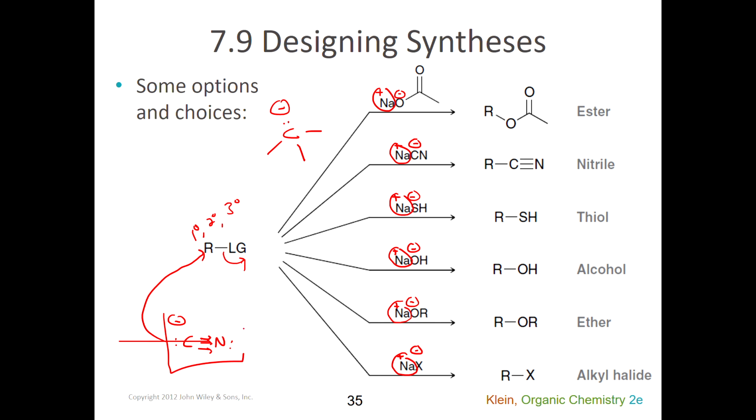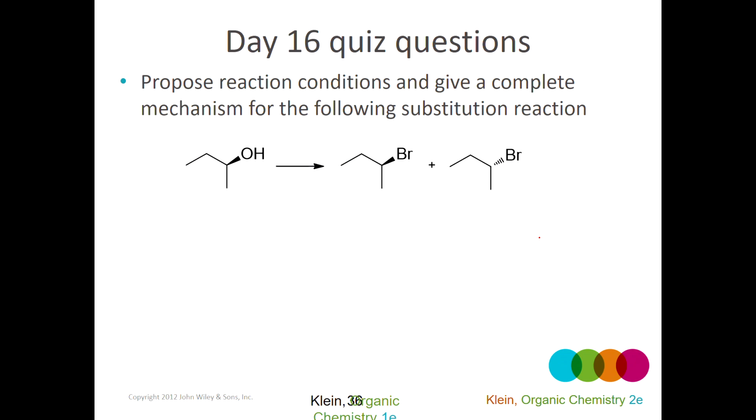I can get the CN minus and use that to attack and then make a new structure that I might be interested in that has a CN group attached to it. So, depending on the structure and functional group I want to create for my product, I would select the correct nucleophile to come in and push out the leaving group and give me the product with the correct structure and atoms bonded the way I want them to be bonded if I were designing a synthesis.